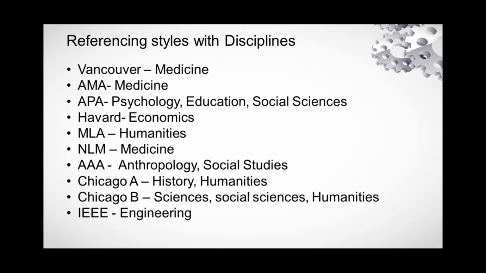Now, referencing styles by discipline. There are different disciplines that use particular reference styles. For example, Vancouver is commonly used in medicine. The American Medical Association, AMA, is also used in medicine. The APA is used in psychology, education, social sciences, and also nursing.